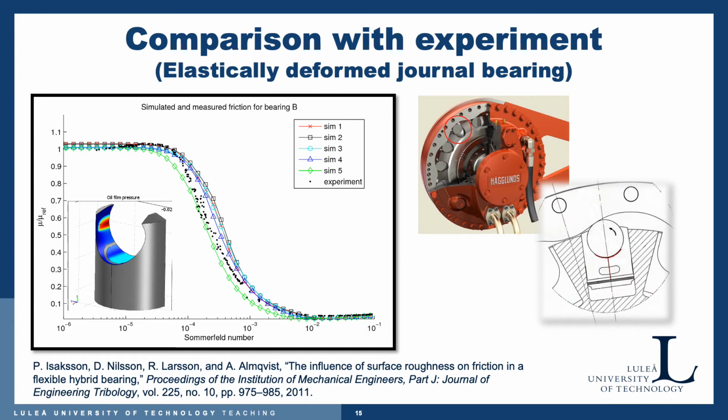This is because these simulation results have been obtained from running the thin film approximation, solving the Reynolds equation for this flexible bearing, but with different types of surface topographies as input. So we have measured surface topography at the bearing surface and used that as input for the numerical simulation, and therefore obtain 5 different curves.